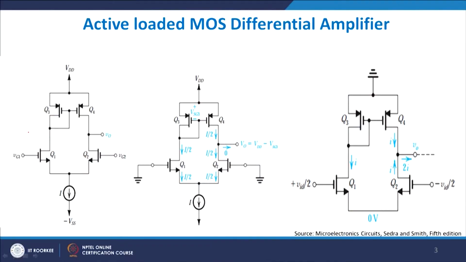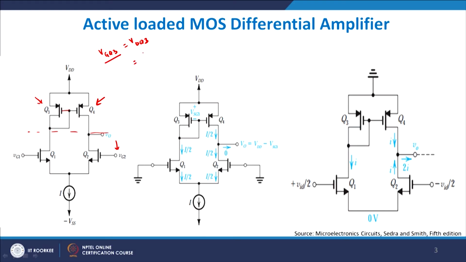If you look, the below side is exactly the same. At the top, RD is replaced by Q3 and Q4, and these are PMOSs. Quite interestingly, we have connected the gate of Q3 to the drain of Q3. So now VG of Q3 is exactly equal to VD of Q3, which is also equal to the gate voltage of Q4. This means that the gate-to-source voltages of Q3 and Q4 are exactly the same.